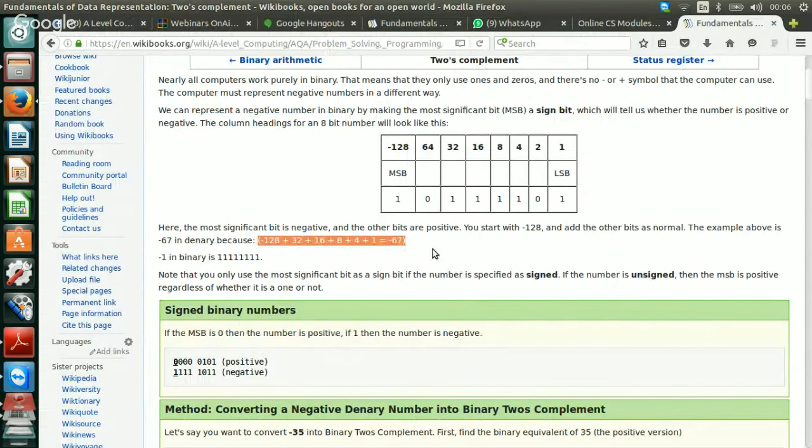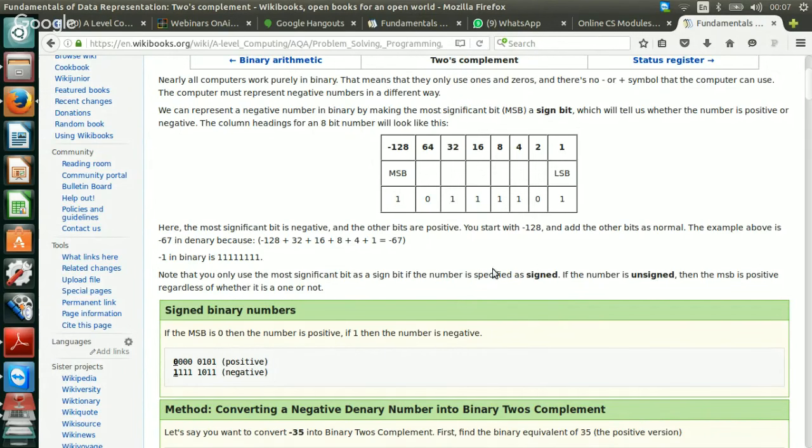If they have given you a number and mentioned that it is specified as a signed number, just look into it. It doesn't matter how long that number is. It could be only 111101. If this is the number and it is specified as signed, this will become minus 32, and you follow the same thing.